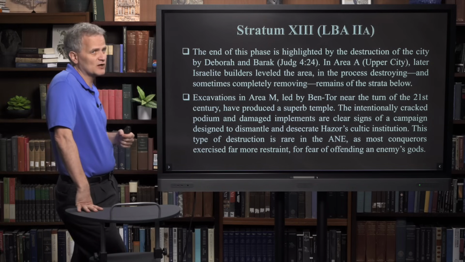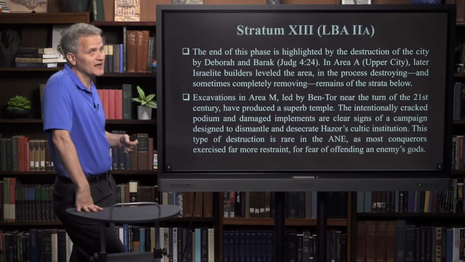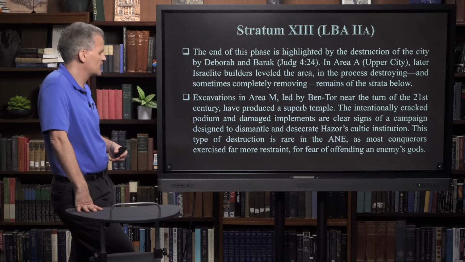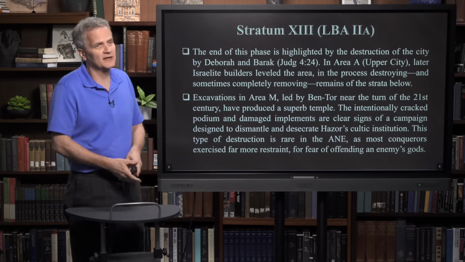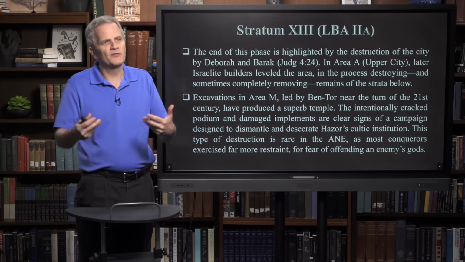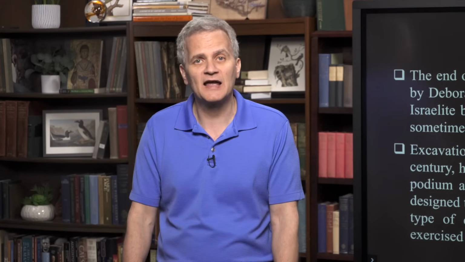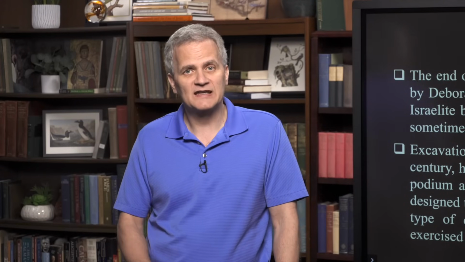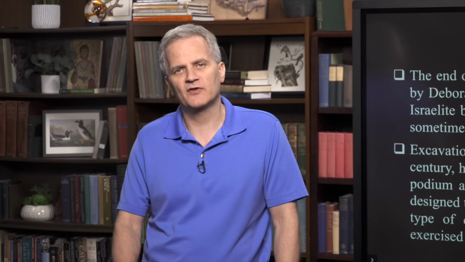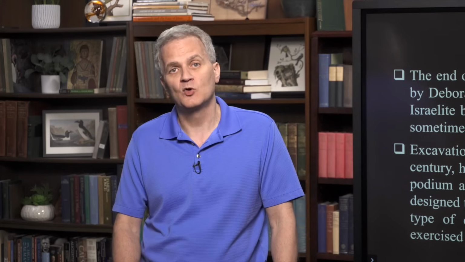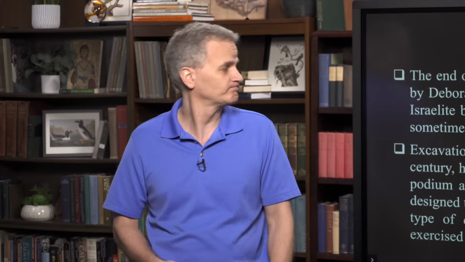This type of destruction is very rare in the ancient Near East, as most conquerors exercised far more restraint for fear of offending some god or gods of the people they were conquering. But the Israelites had no problems at all destroying and desecrating the religious paraphernalia of the inhabitants, the pagan people who lived there before they did.